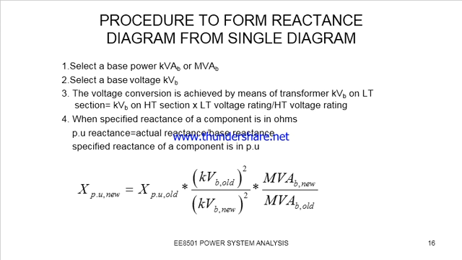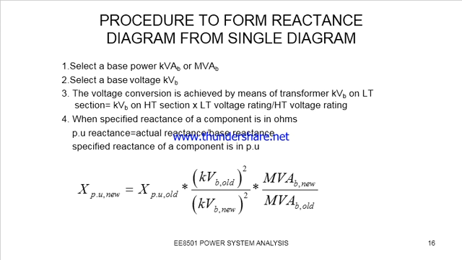Next, let us see how we have to calculate. Initially, let us draw the single line diagram of the given circuit. From the single line diagram, let us consider a base kV value and base MVA value. If it is given in the problem, then fine. If it is not given in the problem statement, then we have to consider one as a reference.